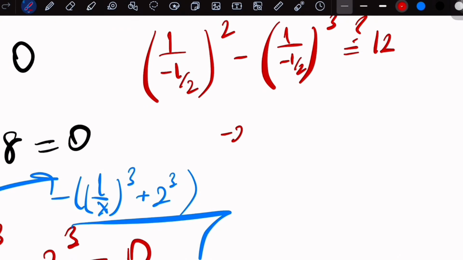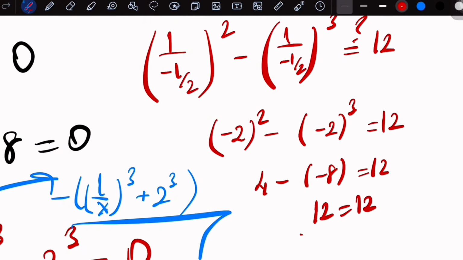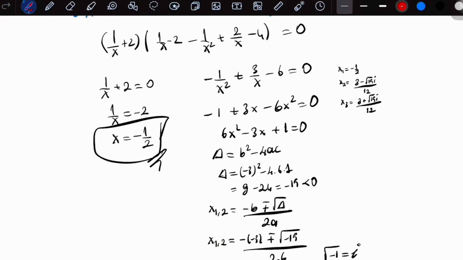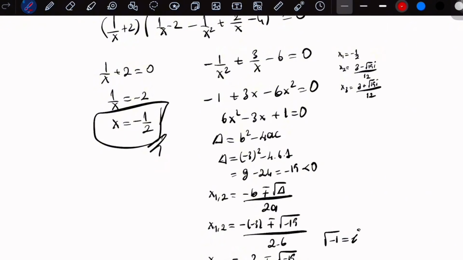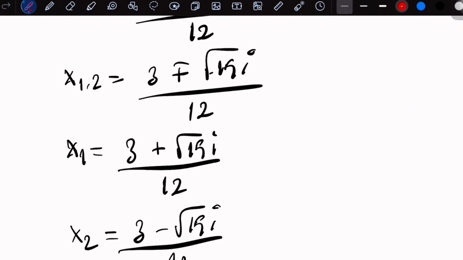What will happen from here? Minus 2 squared minus the cube of 2 is equal to 12. See what this will do: 4 plus 8, so 12 is equal to 12. It was provided. Now if we try other roots, it's a little trouble, but I don't know if we should try. I think you can do these too.